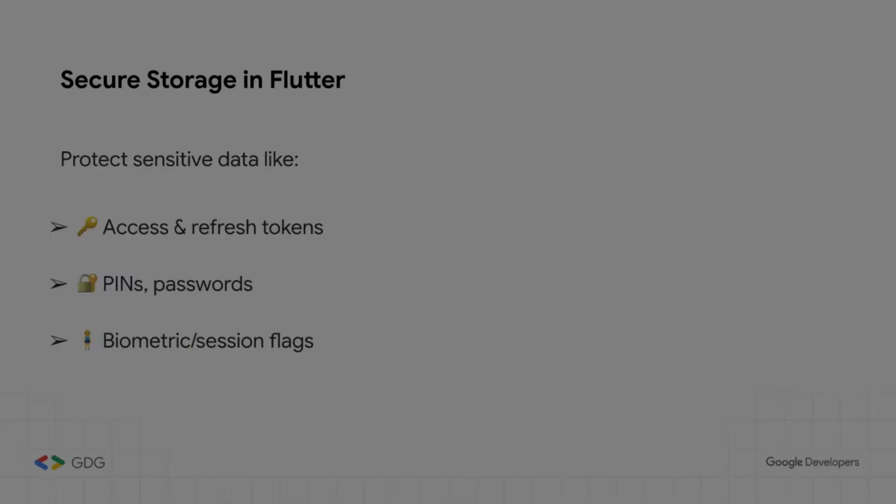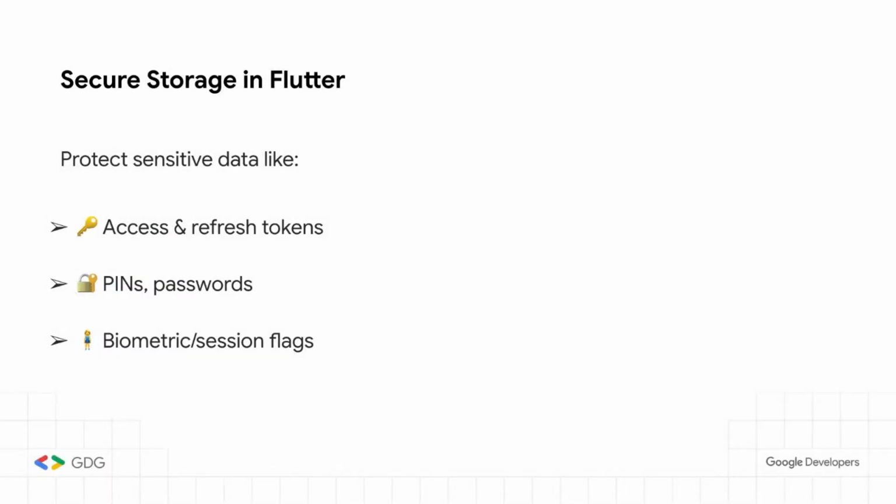Now that was about obfuscation in Flutter. Let's see how we can store data in Flutter. Secure storage is one of the types of data storage that we have. Secure storage protects sensitive data like your access token and refresh tokens, your pins, the passwords, the biometric or session flags.